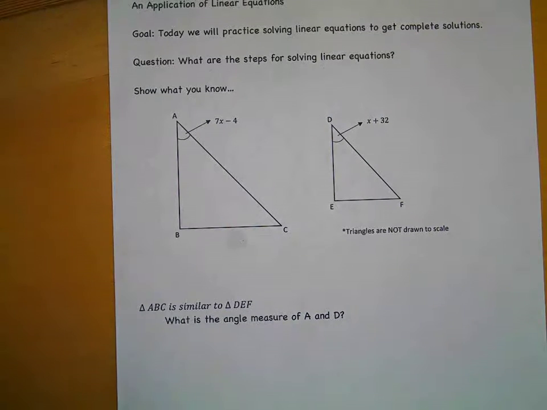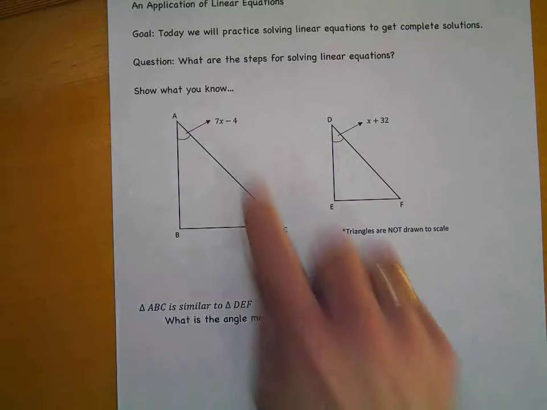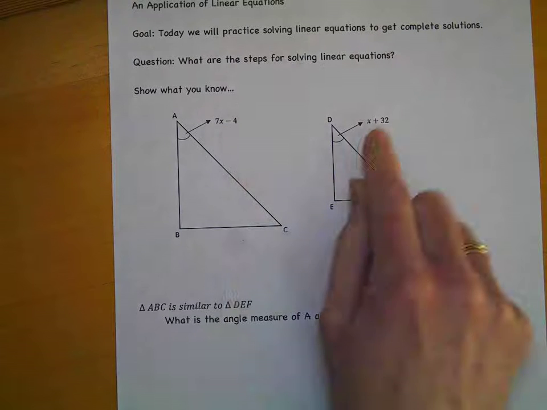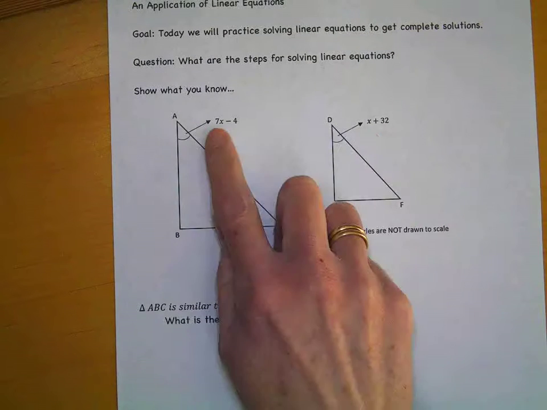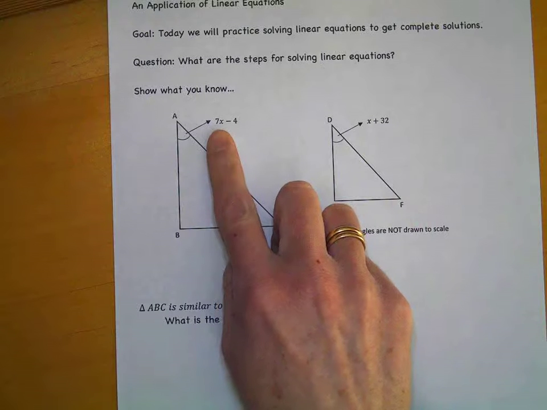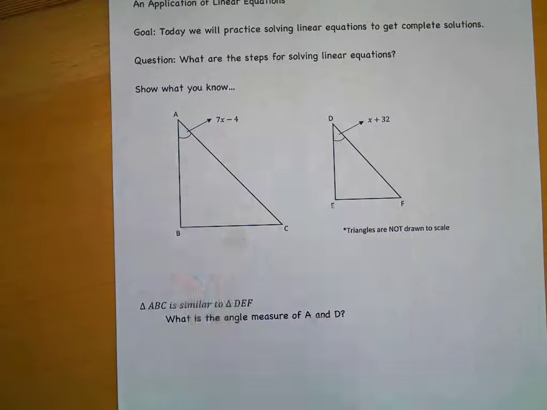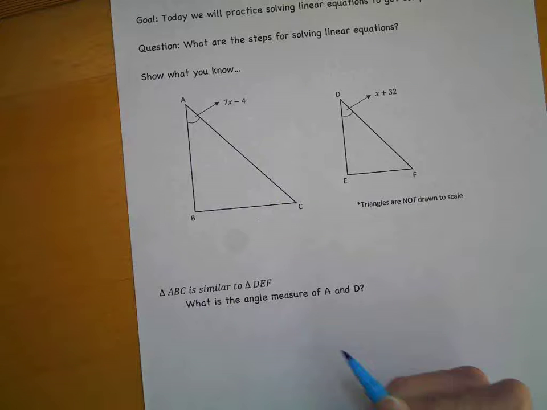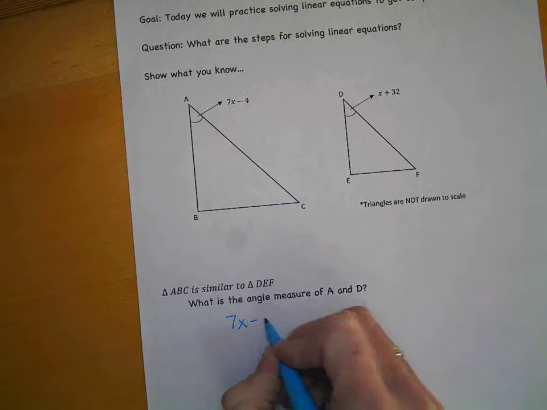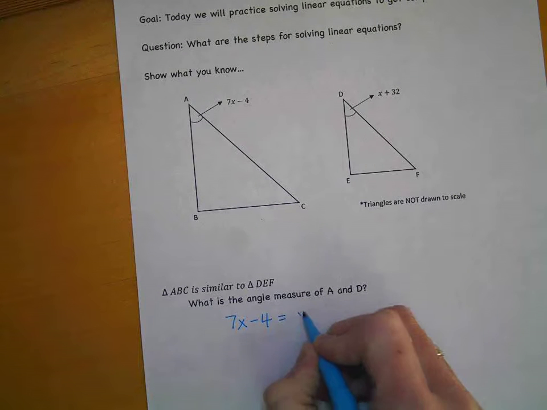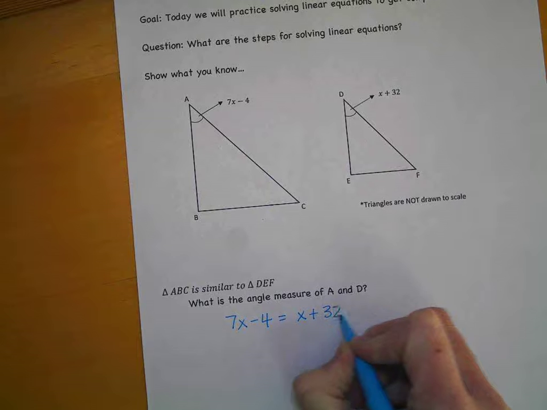We know this is a linear equation because we have the variable x in both of the angle measures, and neither is raised to a power greater than 1. We also know they are equivalent, so I would like to set up the equation as 7x minus 4 equals x plus 32.